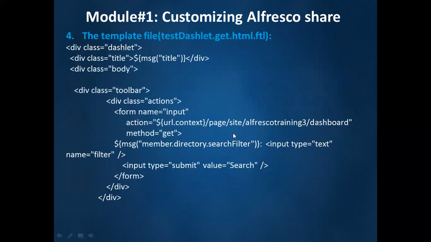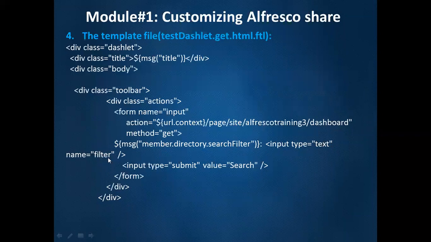So this is the name of the label property, and next to this label, input type text, name filter. This is the code for displaying the text box, the box that will filter the keyword that we enter inside.